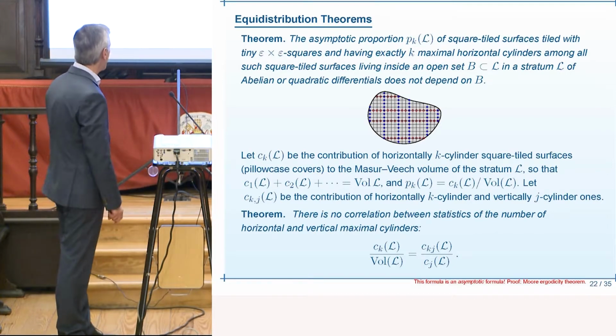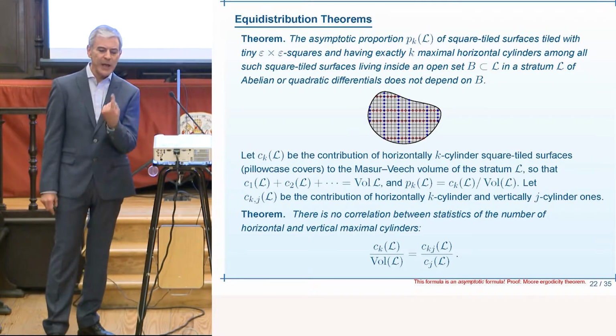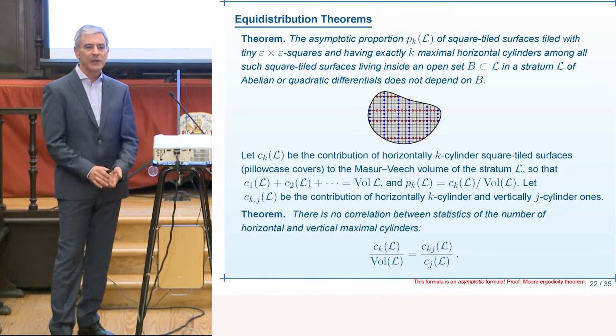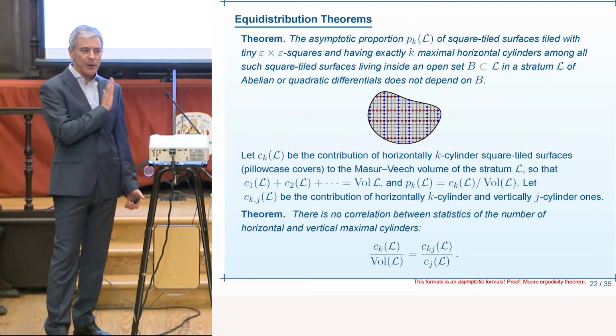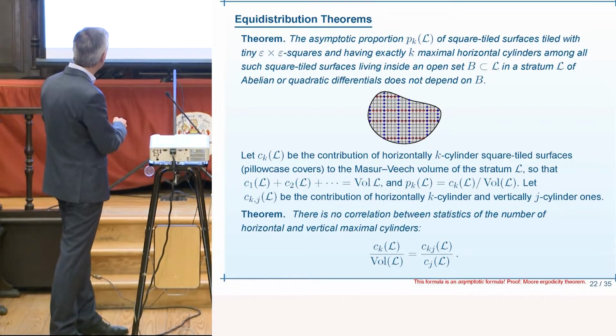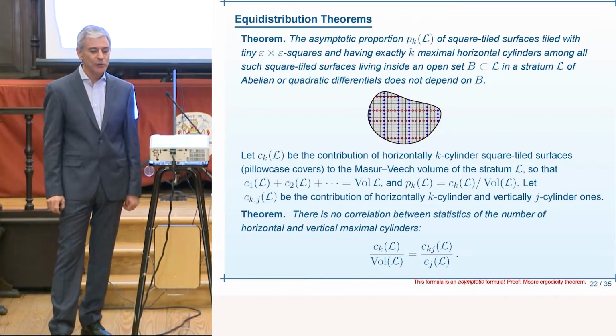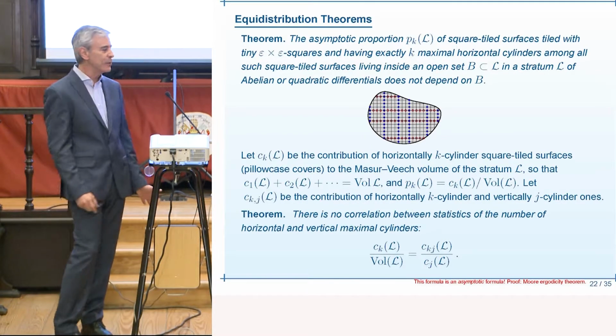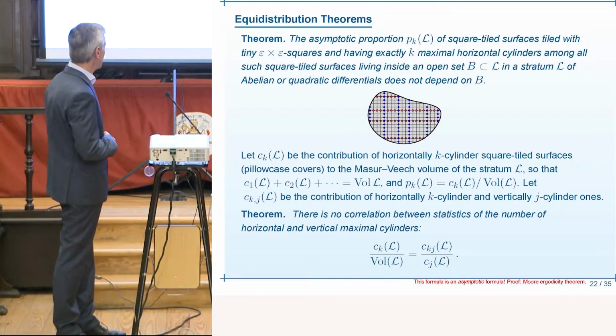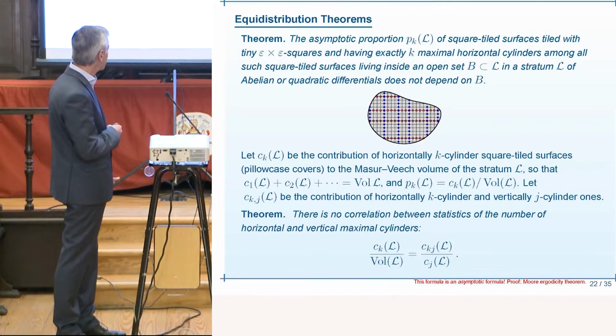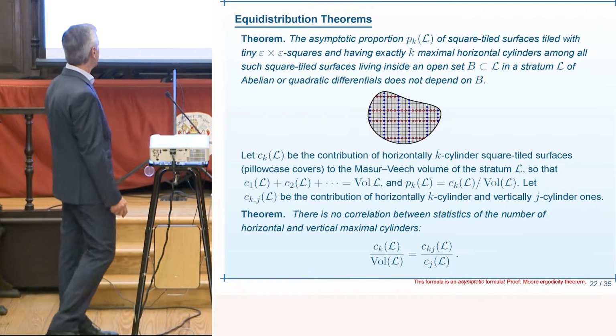So if you consider only surfaces which horizontally have 35 cylinders, and now study this distribution and look how many vertical cylinders you have, they do not know that they have 35 horizontal cylinders. The asymptotic distribution would be the same. So in this sense, the conditional probability to get k cylinders when you impose that vertically you have g cylinders is the same as just forgetting this extra condition.